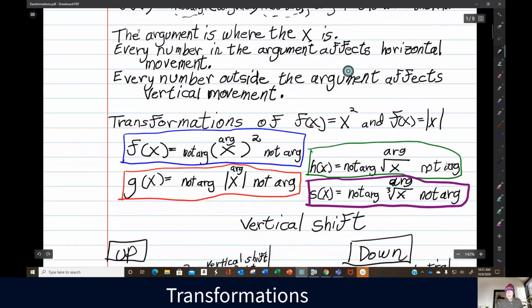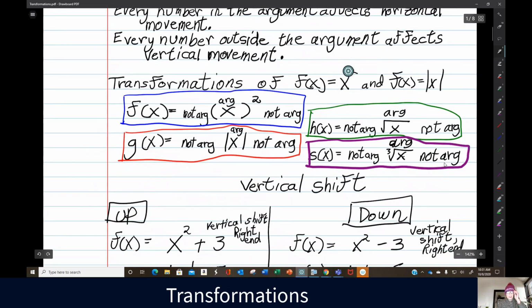We're going to be working with these 4 functions today, just because it takes too much time to work with all of them. We're going to be working with f of x equals x squared, g of x equals the absolute value of x, h of x equals the square root of x, and s of x equals the cube root of x, just to get you familiar with all this.